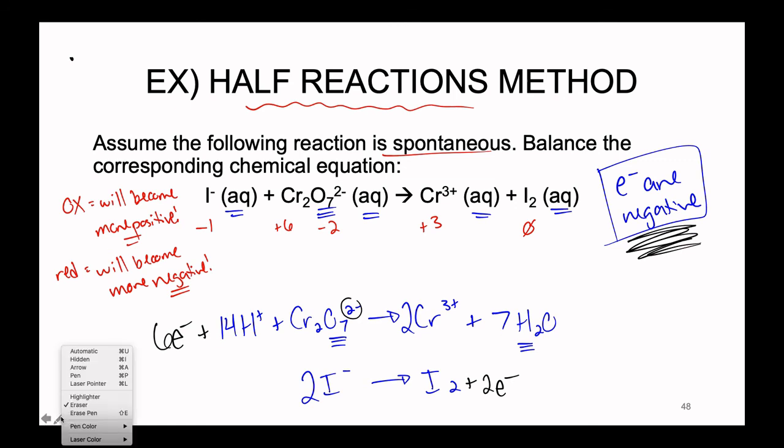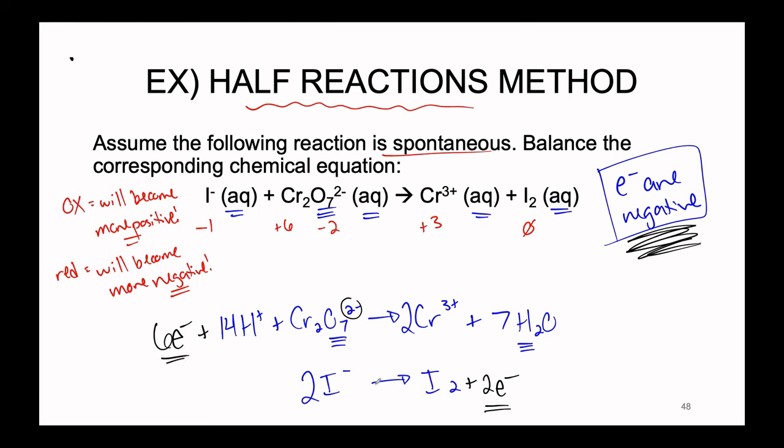In other words, as one species is giving off electrons, all of those electrons must be consumed by the next step. So we can see in our iodine reaction, we are generating 2 electrons, but the reduction step requires 6.